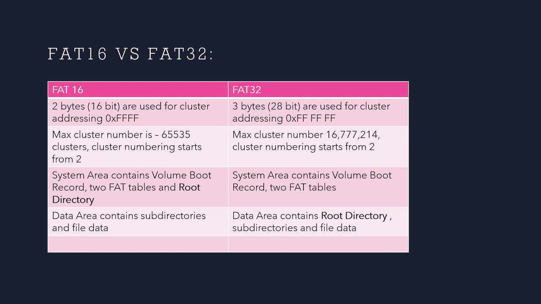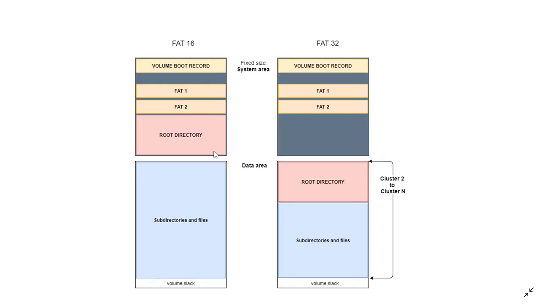Let's have a more graphical example of this comparison. If we look at this picture, we have here two file systems, FAT16 and FAT32, in schematic representation. And as you see, both volumes start with this system area, which stores structural information starting from the volume boot record and following several reserved sectors and two file allocation tables, one main table and one backup table.